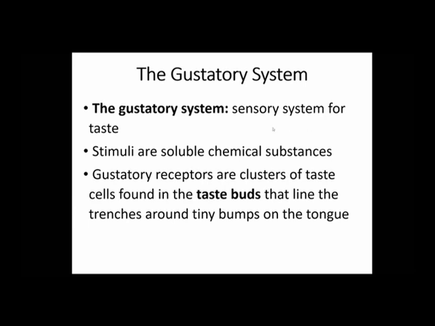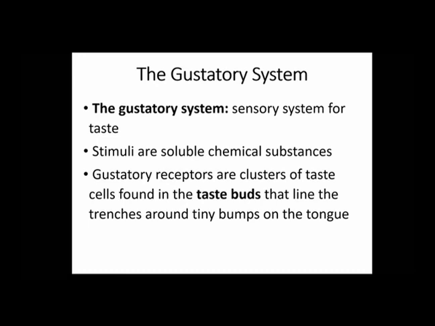Anything that we're eating is going to have quite a few of these soluble chemical substances. And when we say soluble, we basically just mean that it can dissolve in our saliva so that it's accessible to our receptors.